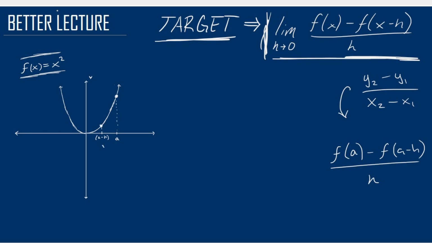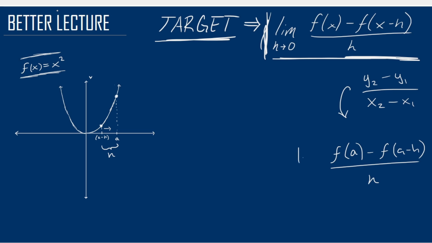So the difference here is h. So if we want these points to get closer, if we want this point to come in, we need h to be smaller. And the smallest h can be is 0.